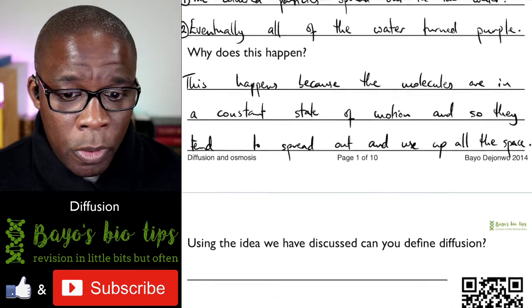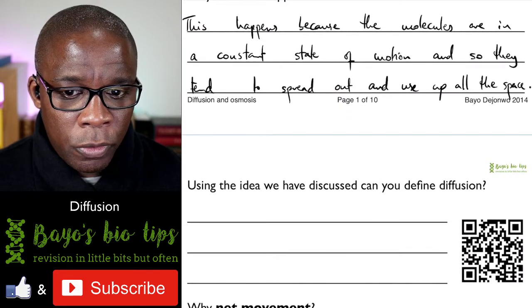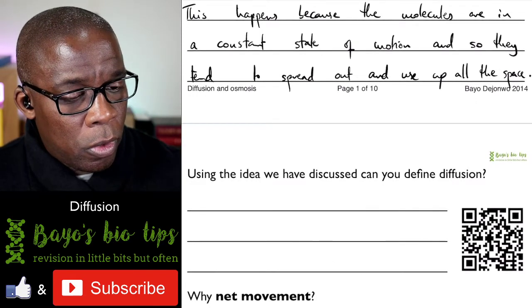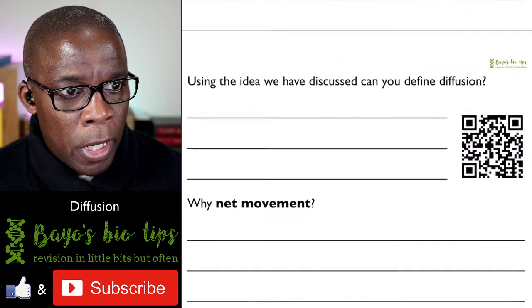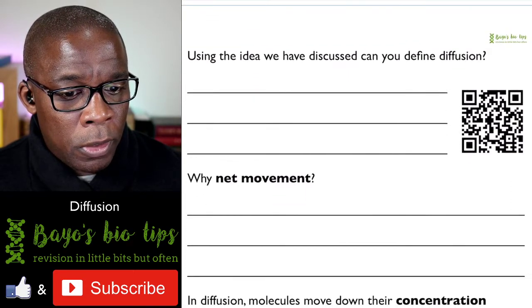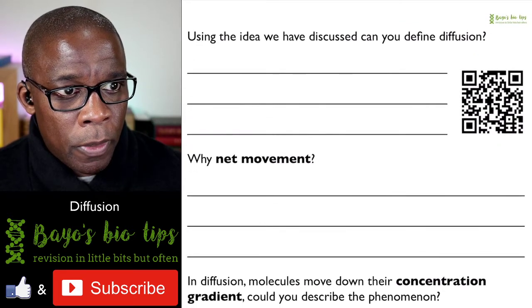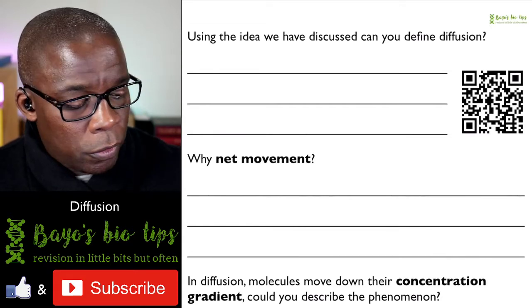We're now going to look further into diffusion. So we need a definition of diffusion, and you may be asked this in something like an exam or a test. So let's think about this. How would we define diffusion?